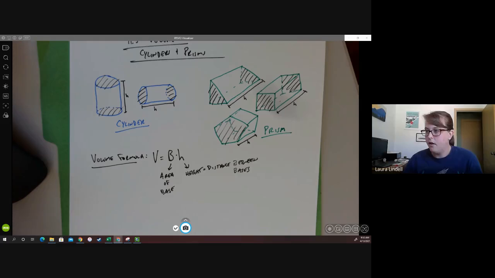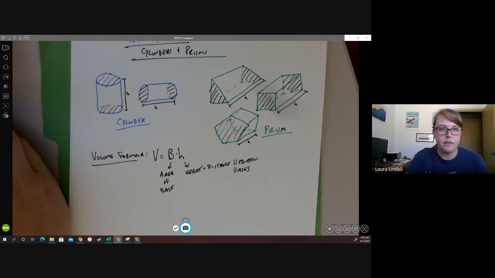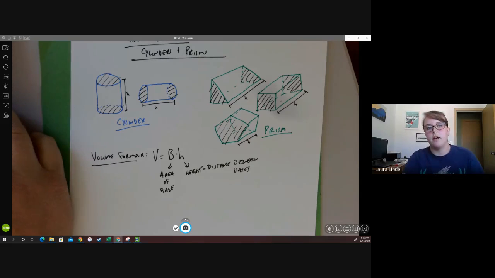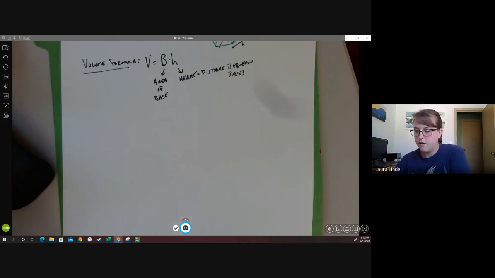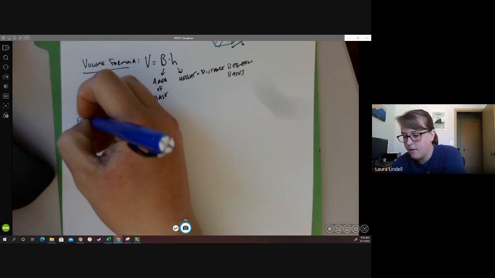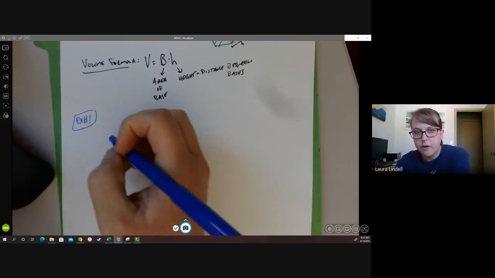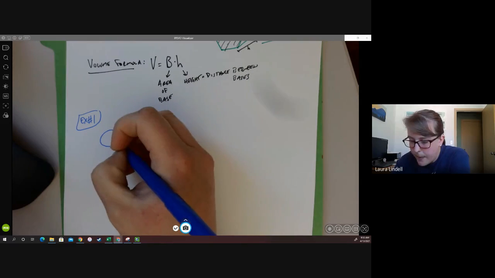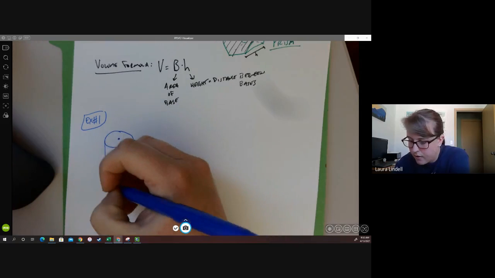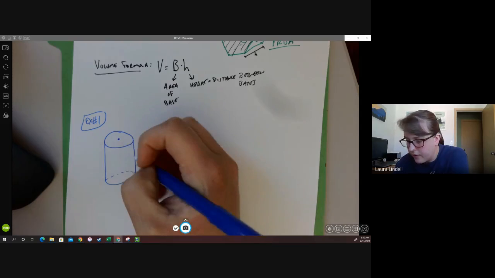Okay. Then we are going to now find some volumes of different cylinders and prisms here. Let's do some examples. All right, so the first one we'll do will be a cylinder. Okay. We are going to find the volume of this cylinder. And we're going to attempt to draw a cylinder.